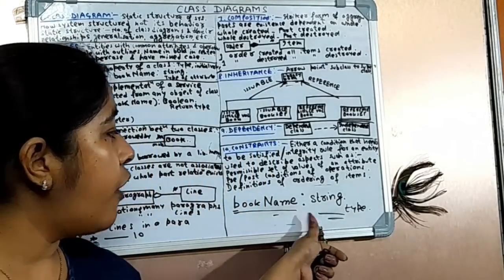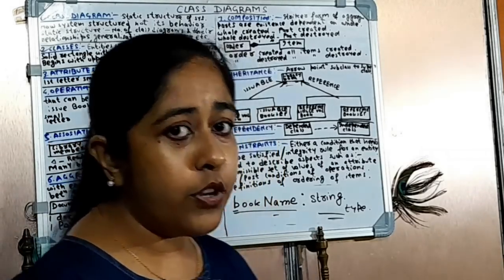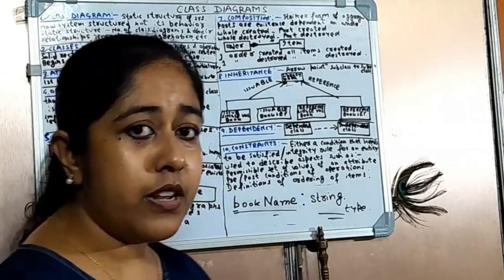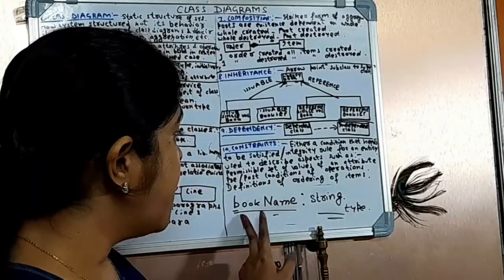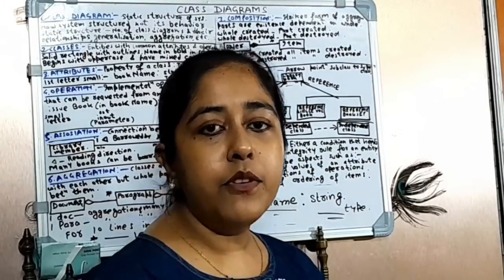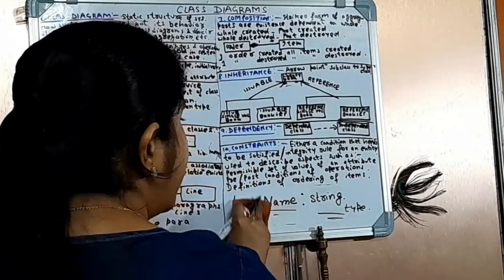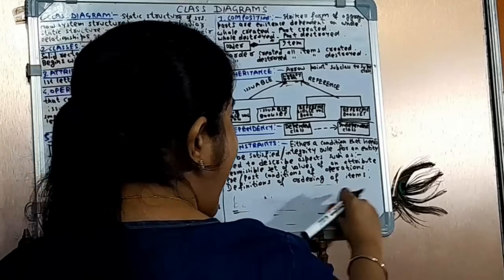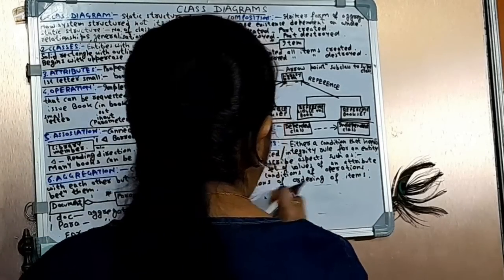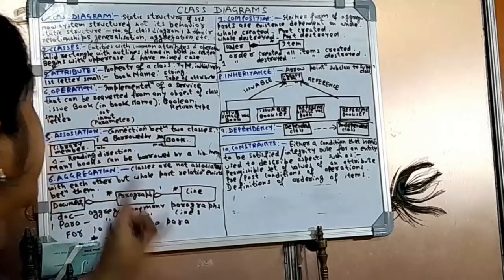This is how we write a particular attribute in our class diagrams: the attribute name, then a colon sign, then the type of the attribute. Now this is what is there in the attribute section. Okay, now next thing, your attribute is completed.